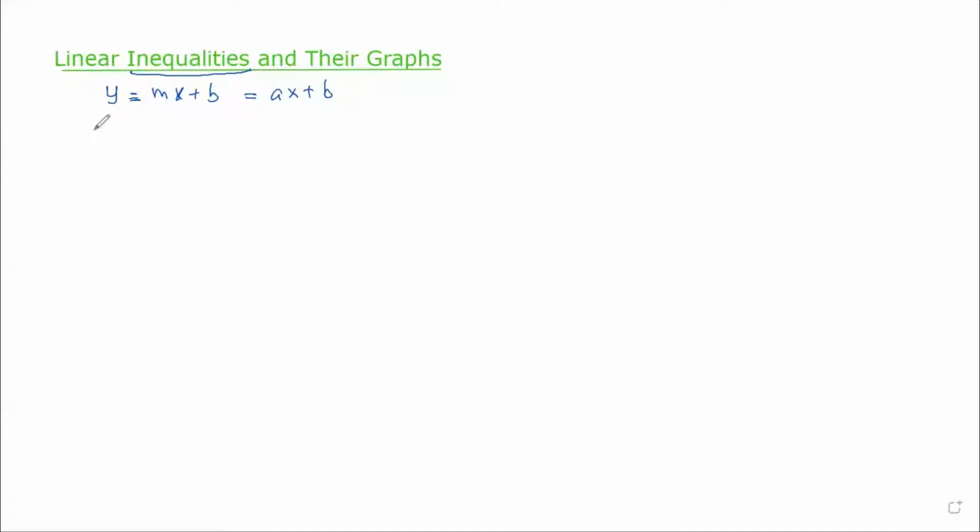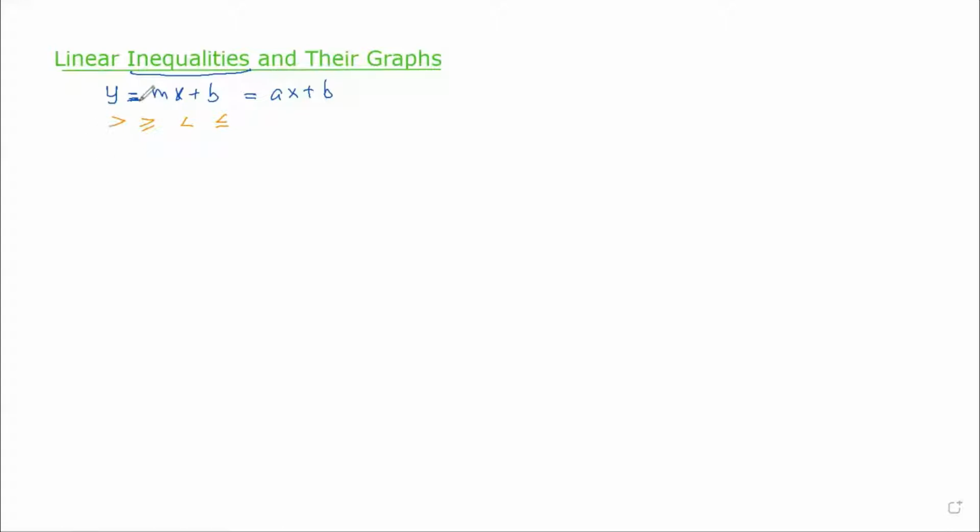Okay, so now, first of all, before we do equations, for inequalities we use the sign greater than, or greater than with an equal sign, or less than, or less than with an equal sign, right? Okay, so now we start to see some examples, okay?